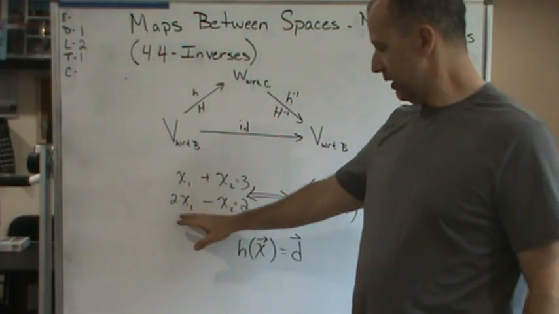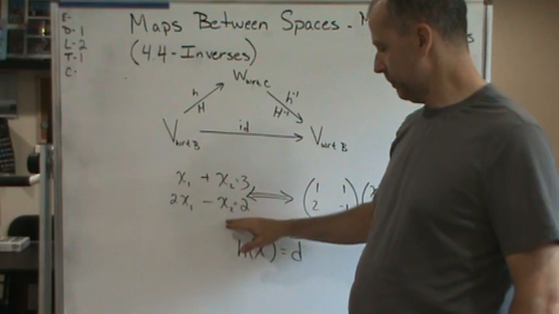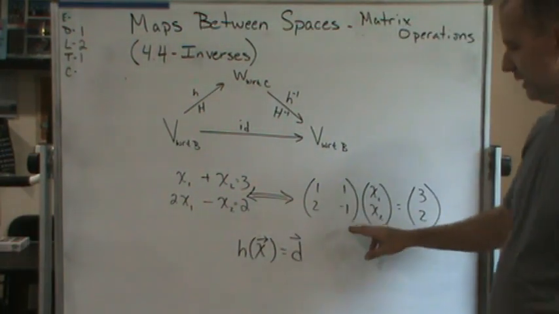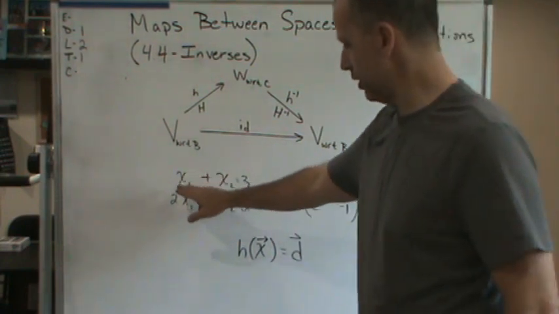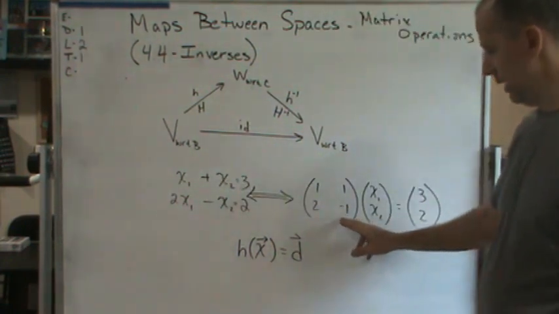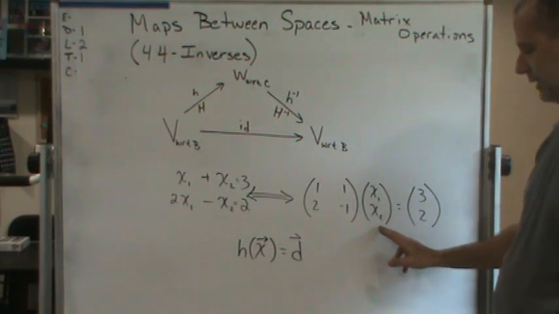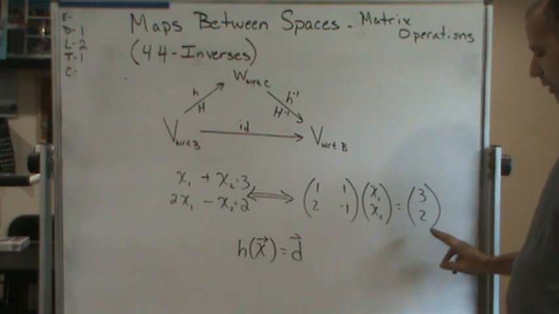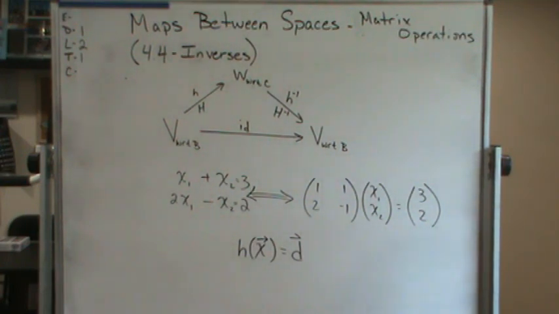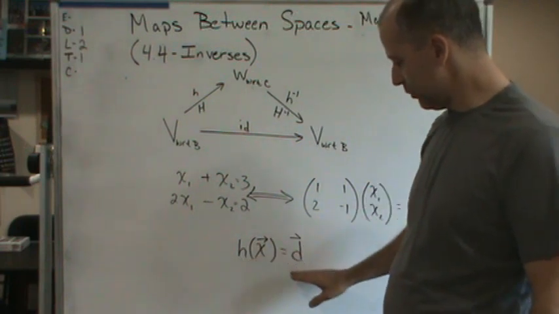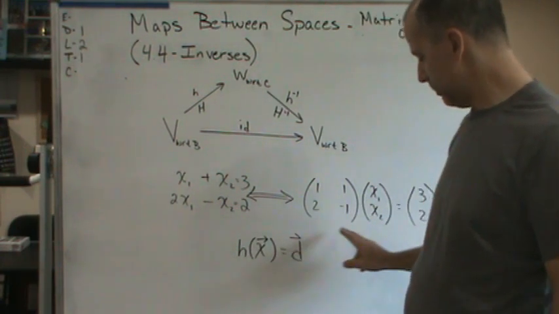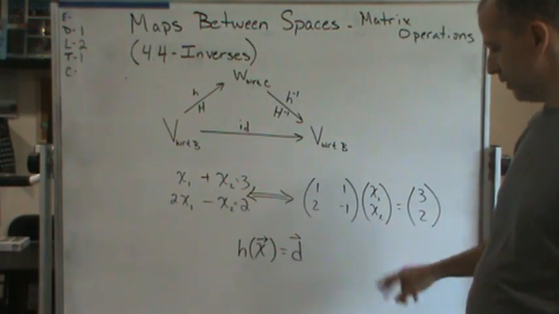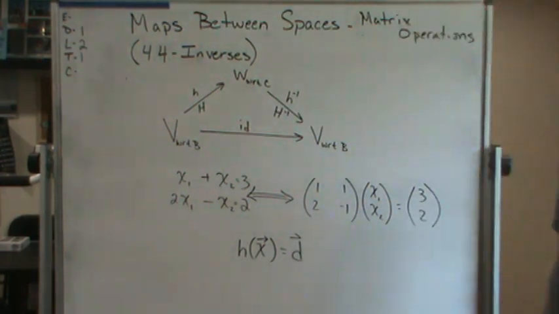So we have this system of equations here, and that's equivalent to taking this representative matrix that we've been dealing with. So there's our coefficient matrix, and then our vector of our x's, and then it equals our results, the 3 and the 2. And notice how we could write it this way too, the mapping of a vector, right? So the mapping of the x vectors to a d vector, okay?